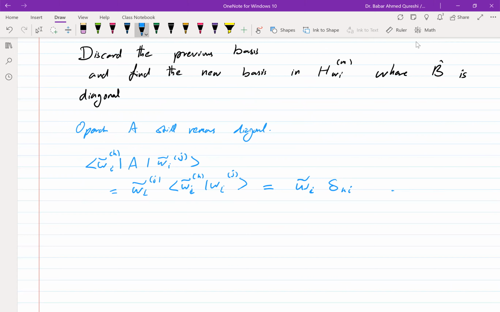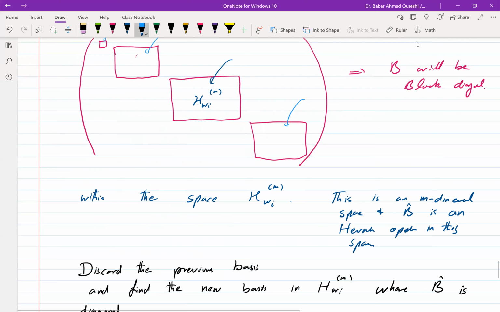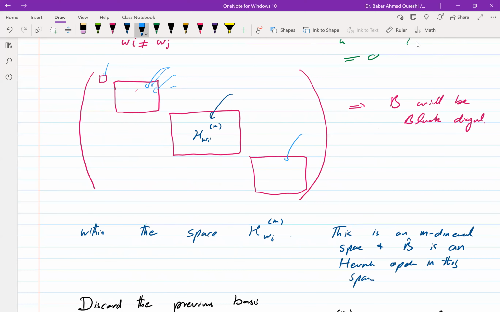Before, you had some freedom within this subspace: you could choose any orthogonal combination. In a two-dimensional subspace, A will still be diagonal, but you have a choice.